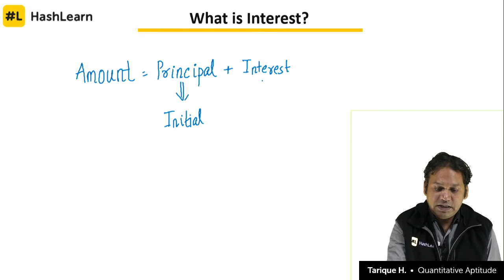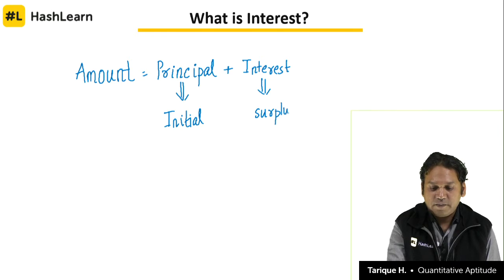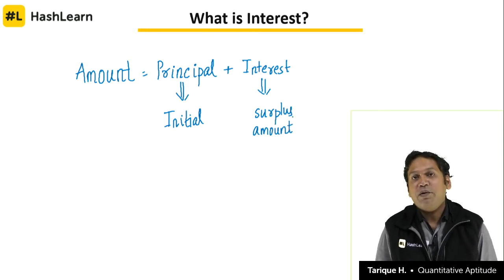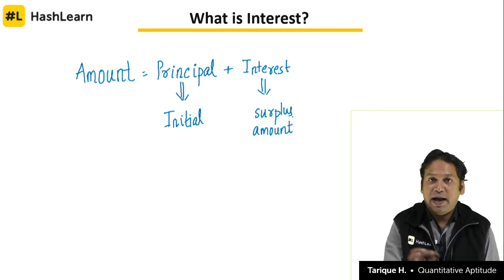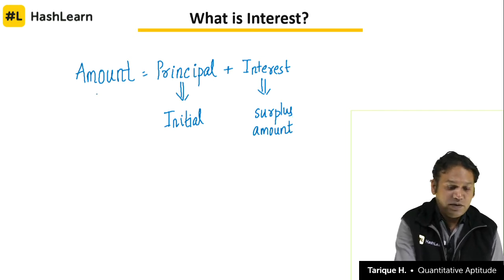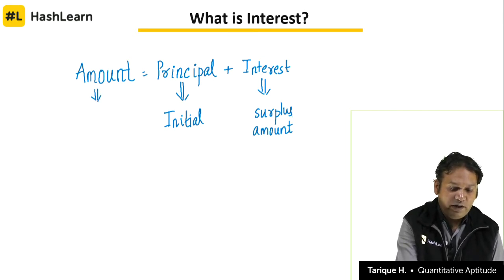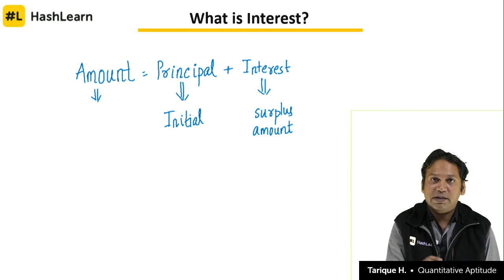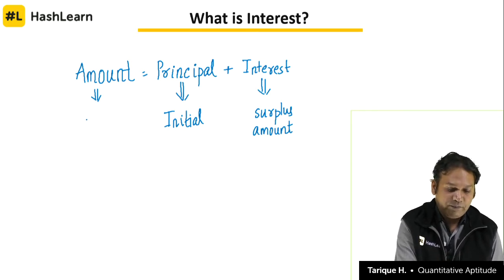The interest is the surplus amount generated from the money, which either you will get if you have given money to someone, or you have to pay if you have taken money from someone. When you add these two, that is our amount. So this will be a common formula for all questions on simple and compound interest. This amount here is the final amount.